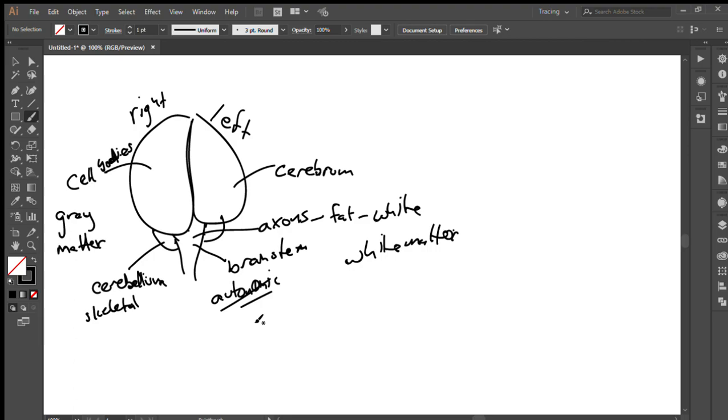Things like that. Okay, if you look on the other side, you get a cross-section of the brain. I'm not going to show it, but a couple interesting things. You got the cerebellum again, but then in the center you got something called the corpus callosum. You'll notice that's white. The corpus callosum is the connection between the right and left side of your brain so they can talk to each other. So those are all axons running back and forth.